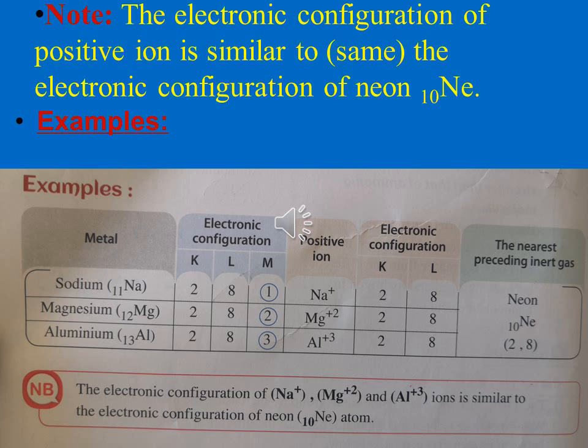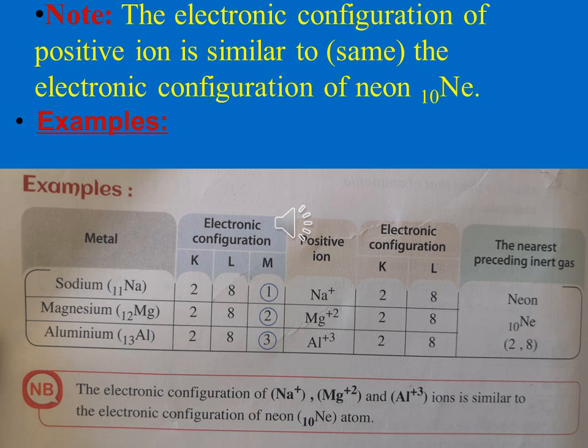So 2, 8, 1: it will lose this one electron and convert to sodium ion Na+, carrying one positive charge because it lost just one electron, and it will be 2, 8, just like the electronic configuration of neon. Neon has 10 electrons and its configuration is also 2, 8. What about magnesium? Mg12 has 12 electrons and its configuration is 2, 8, 2.